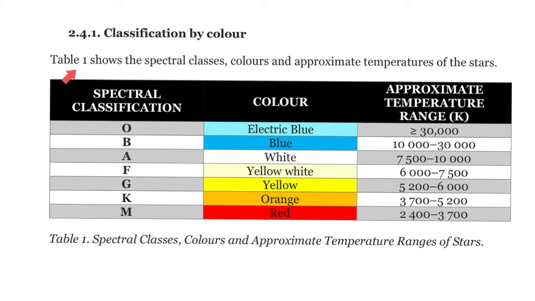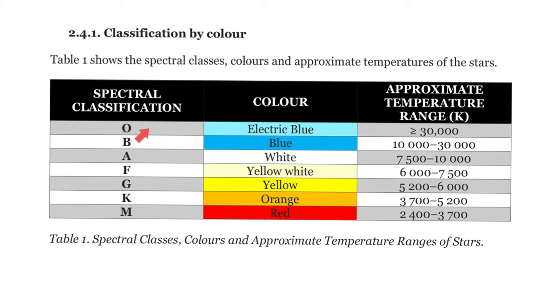So this table 1 here shows the spectral classes, colors, and approximate temperatures of the stars. And we've got the spectral classification according to O, B, A, F, G, K, and M. And we see that these spectral classifications are in relation to the color and to the temperature.